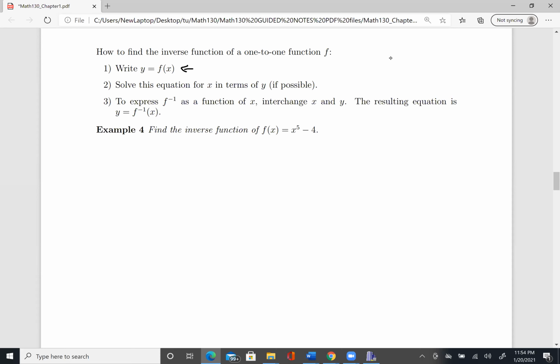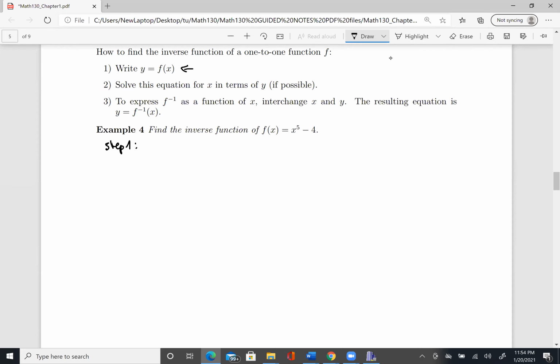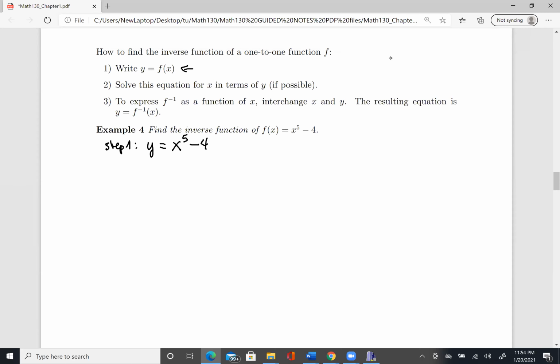So step 1, I want to write y equal to x to the fifth minus 4. Step 2, I'm going to solve this equation for x, which means I'm going to isolate x alone. So I add 4 to both sides.